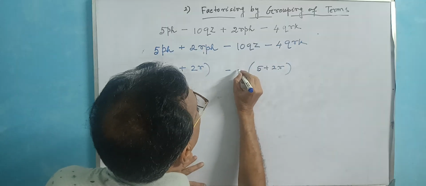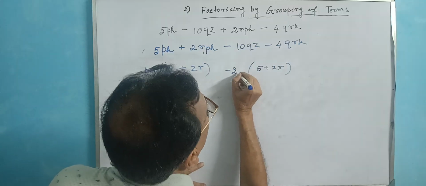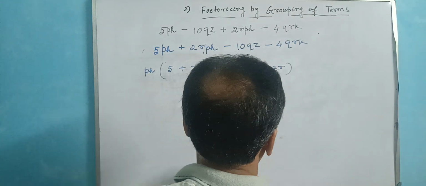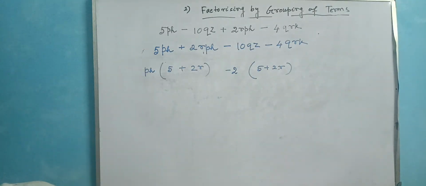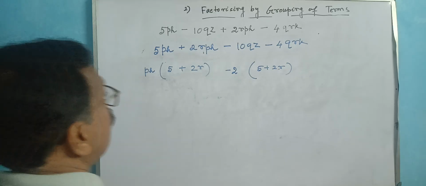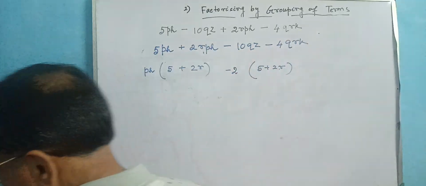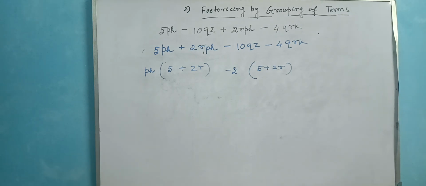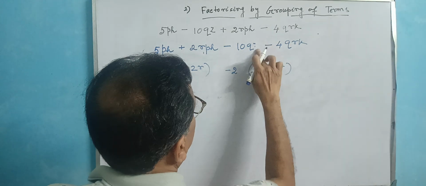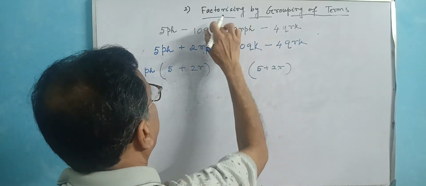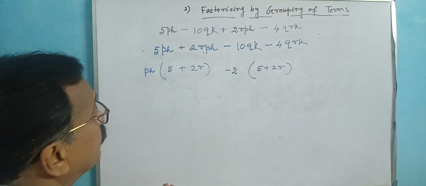Minus 2QZ, this is 10QZ. This is K actually. So this is K. No problem.